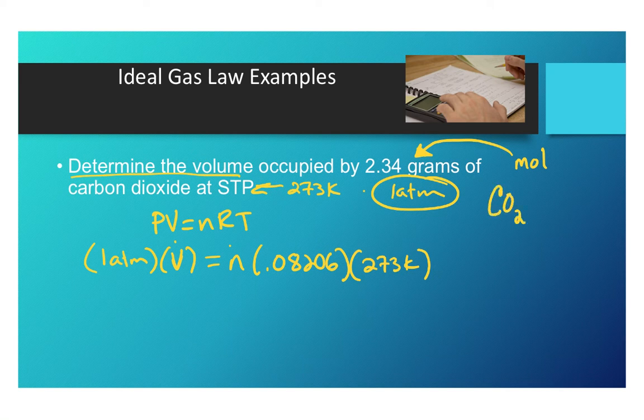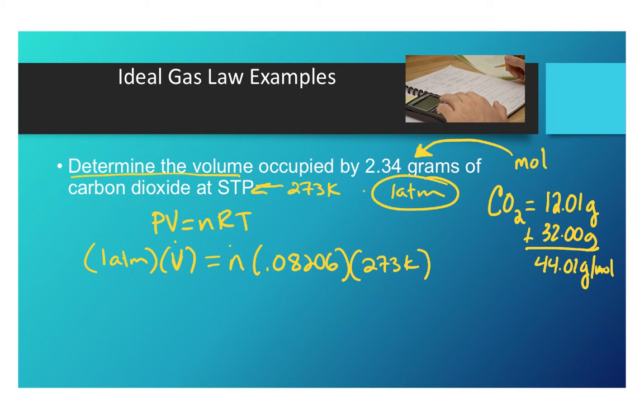Carbon dioxide is CO2. So that's one carbon, which on the periodic table has a mass of 12.01 grams. And it's two oxygens. Each oxygen on the periodic table is 16 grams. So altogether, that's 32. So this particular thing has a molar mass of 44 grams per mole.